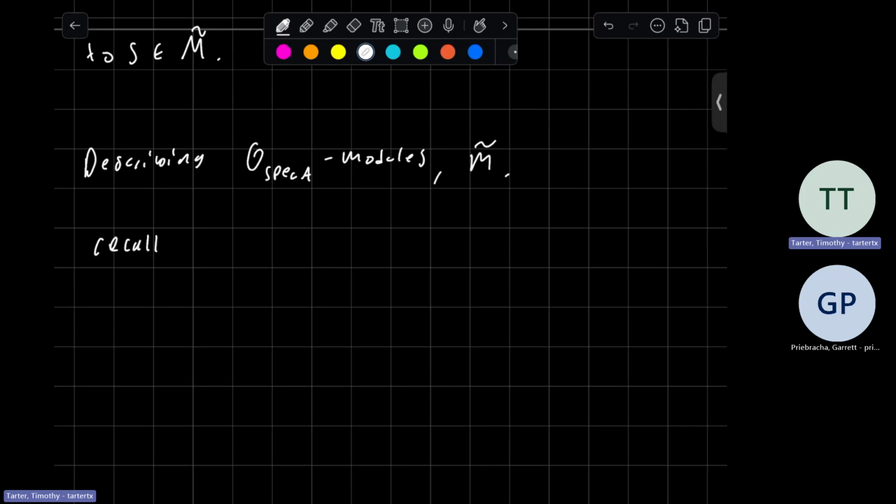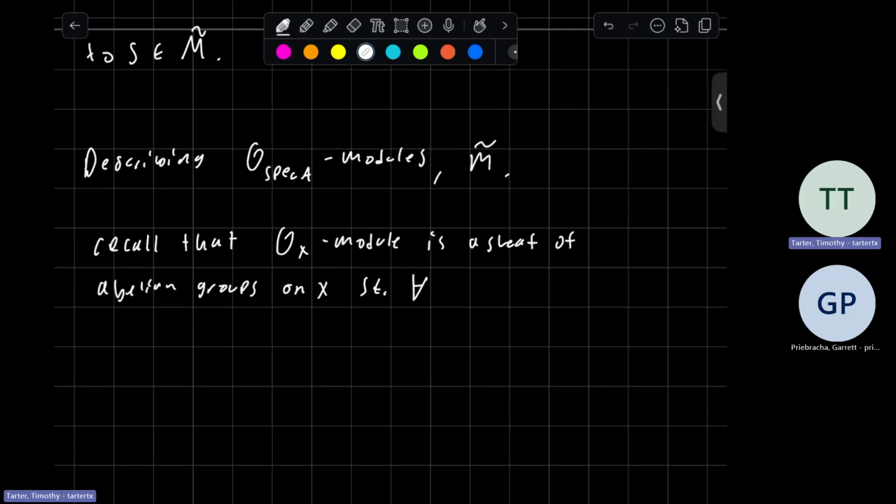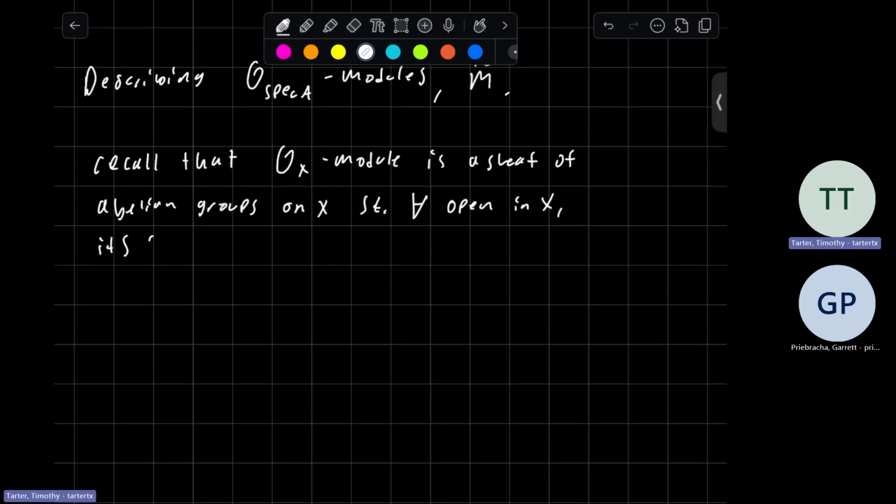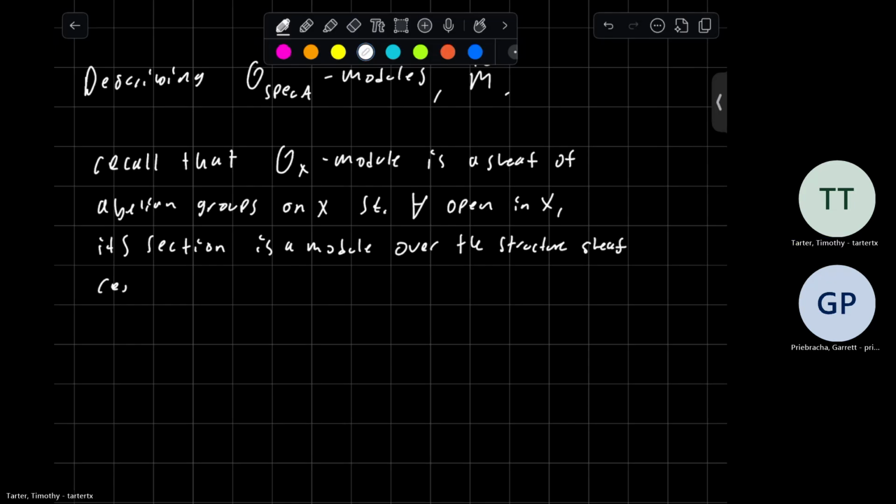So recall that an OX module is a sheaf of abelian groups on X such that for every open in X, its section is a module over the structure sheaf restricted to that open.